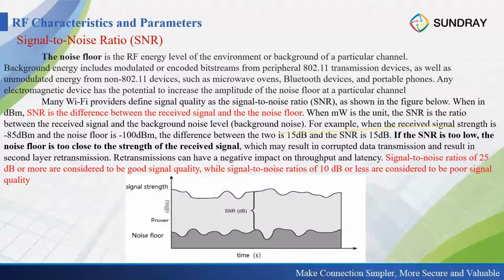When your device is receiving, you cannot identify the noise and the signal very clearly because they mix together. They're running at the same level, and you don't know which is the signal and which is the noise. So for the signal to noise ratio, the recommended value is 25 or above, which is definitely a good signal quality.